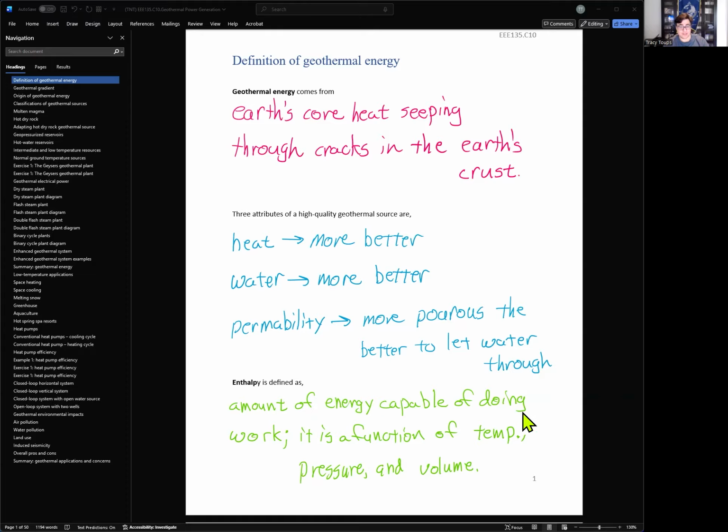This amount of energy we can extract is a function of temperature, pressure inside the geothermal site, and volume, how big it is, right? Big volume, low pressure, we can still do something. High pressure, small volume, the high pressure helps, we could do something. So it's a combination of these three. Obviously, if you have all three, you have the best one. If you have none of them, you have nothing. So the big thing to take away here is we need heat, water, and permeability to get things going.